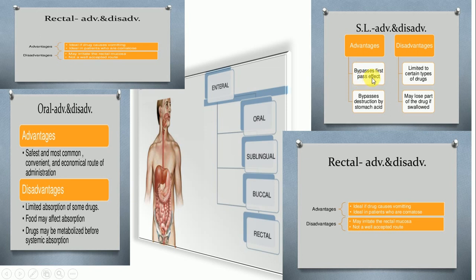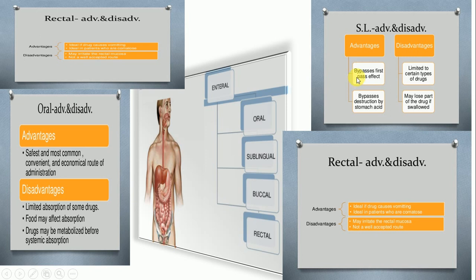What is the first pass effect? This is the metabolism by which, when the drug first passes through the liver, the liver will metabolize the drug by breaking it down, by oxidation, let's say for those which are lipid soluble drugs. When reaching the liver they will be degraded by oxidation.